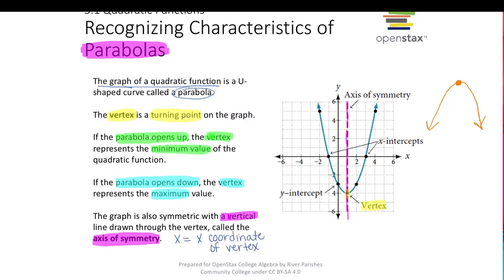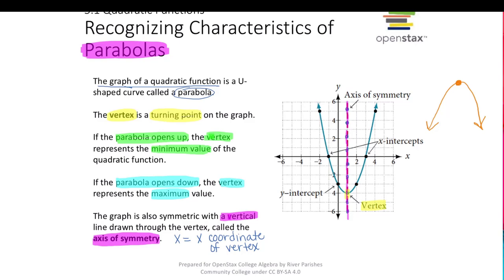If you will remember, if you have a vertical line, then the equation of that vertical line is just x equals whatever the x-coordinate is, because every single point on a vertical line has the same exact x-coordinate.